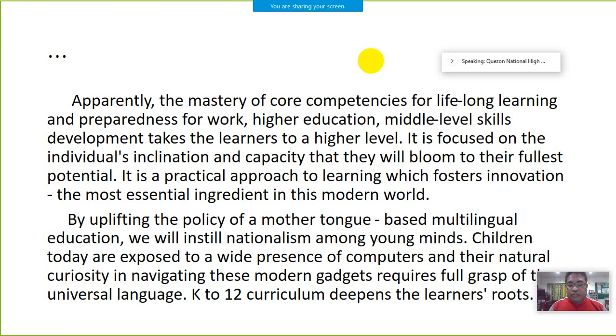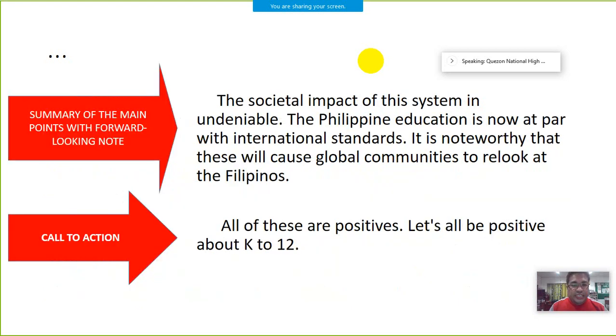Then these are all the situations, the current situation in which the K to 12 program has been running through the years. Then a summary of the main points, then a call to action. All of these are positives. Let's all be positive about K to 12.